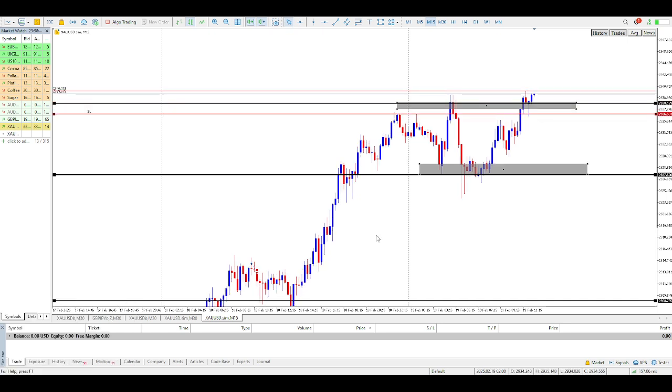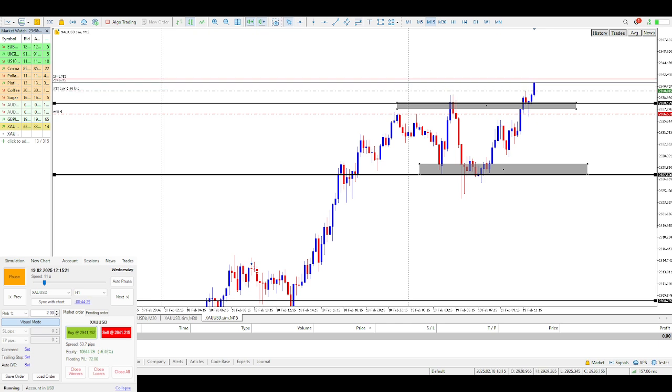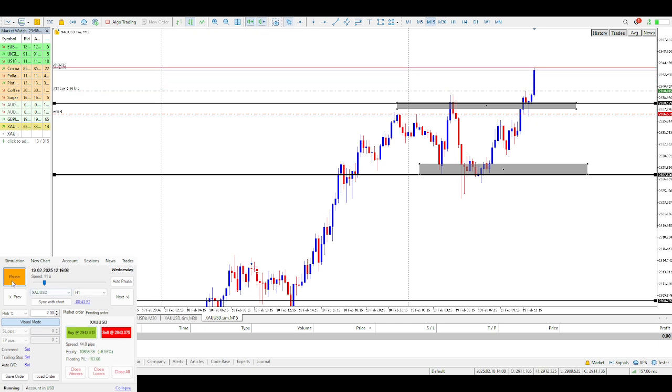Stop loss below. 30 pips. Trade 9, trend continuation, bullish, M30, plus 30.6 pips, I risk 2%.